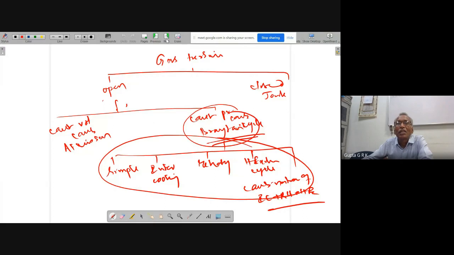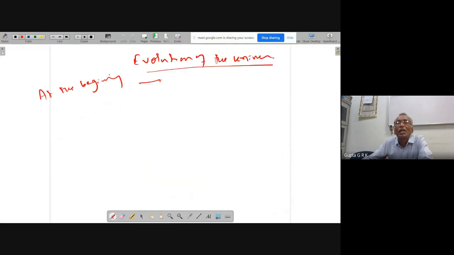And then what I am talking about is the evolution of the universe. This is where I am asking questions actually. At the beginning, what is there at the beginning of the universe? Big Bang. So there is initially a point mass, right? Everything is there, and then there is the Big Bang.